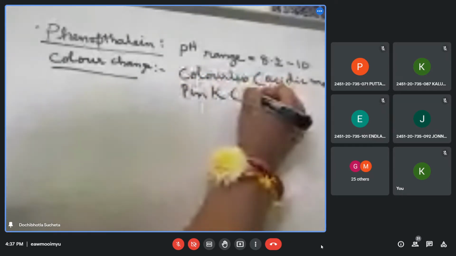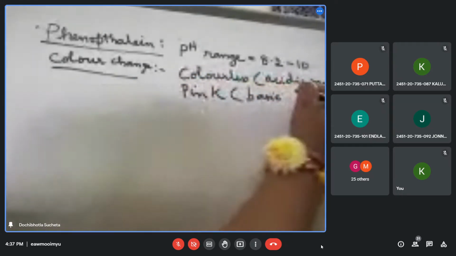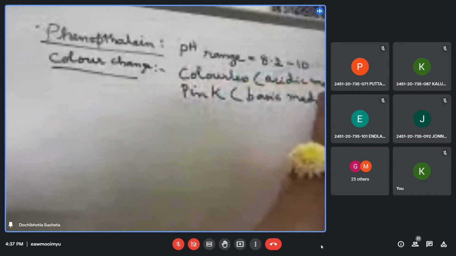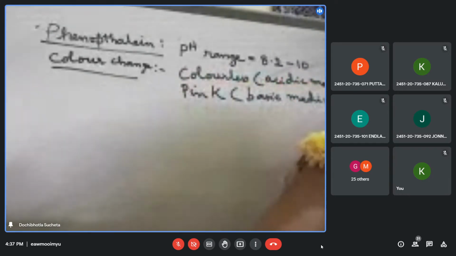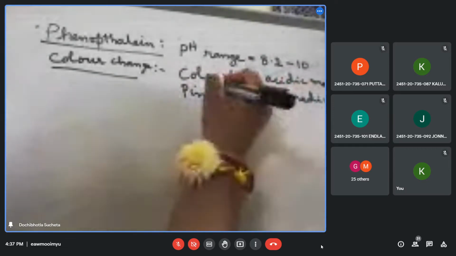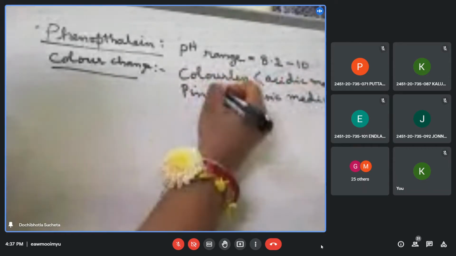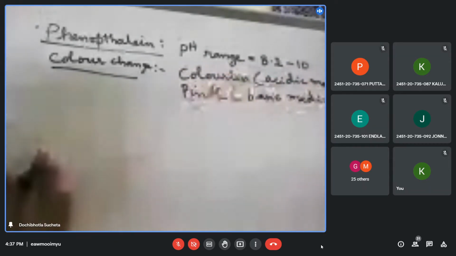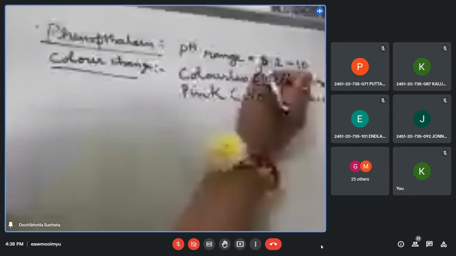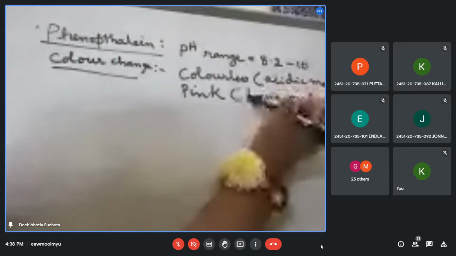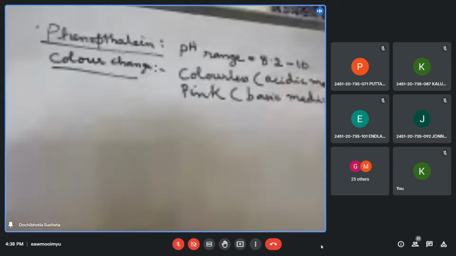Pink in basic medium means it is an indicator which works in a high pH range. That's the color change of the indicator. Less than 8.2, colorless. Above 10, it is pink in color.